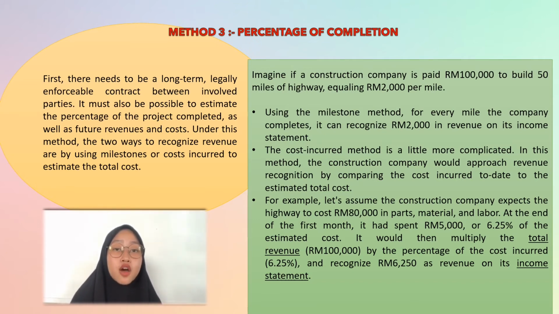At the end of the first month, it has spent 5,000 or 6.25% of the estimated cost. It will then multiply the total revenue 100,000 by the percentage of the cost incurred, 6.25%, and recognize 6,250 as revenue on its income statement.